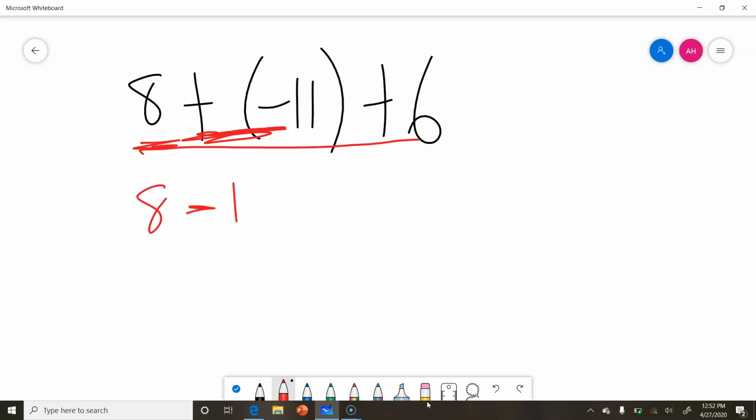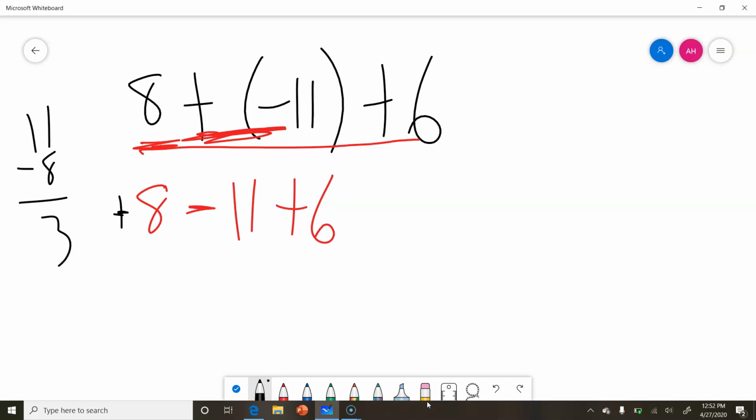You just rewrite that as a minus 11 plus 6. Now, what is 8 minus 11? Look, the signs are different, right? There's an invisible plus sign in front of the 8, so I know I'm going to subtract. So I do 11 minus 8, which is 3, but look here, which sign is bigger? Is the 8 bigger? No, the negative 11 is bigger, so I know that's going to be a negative 3.